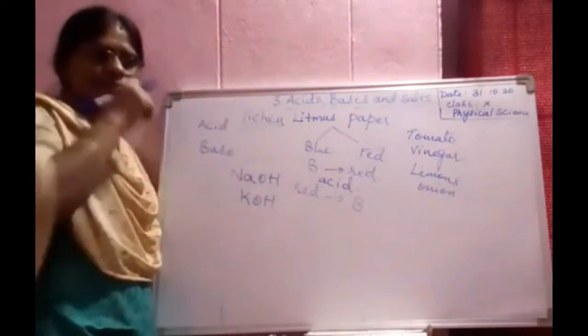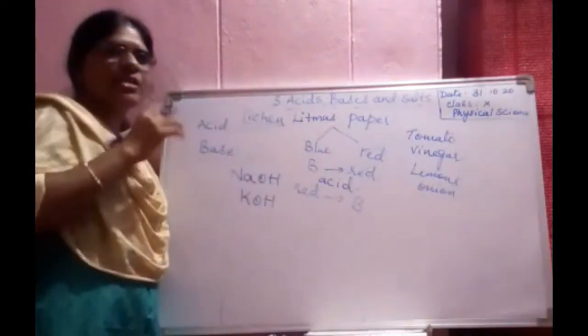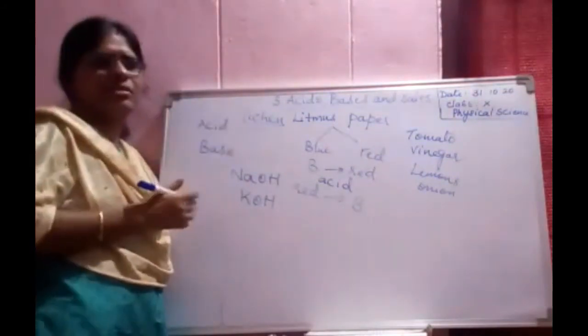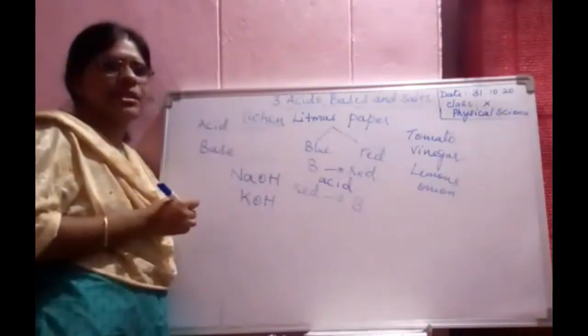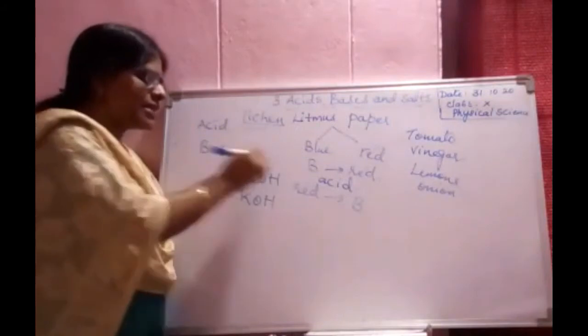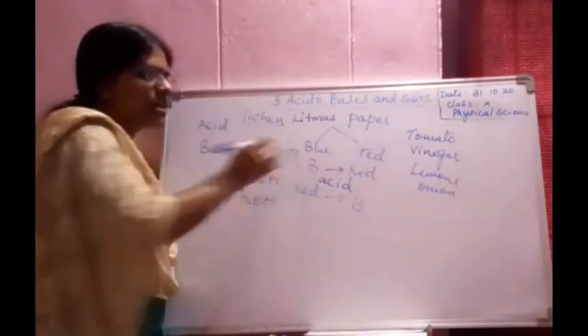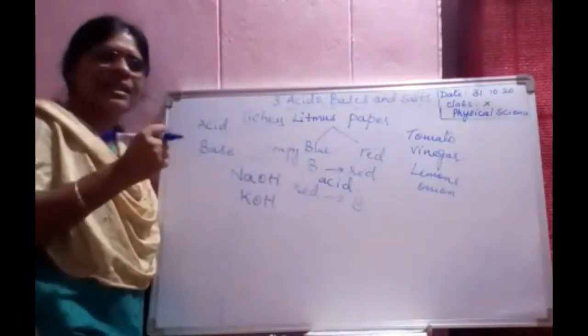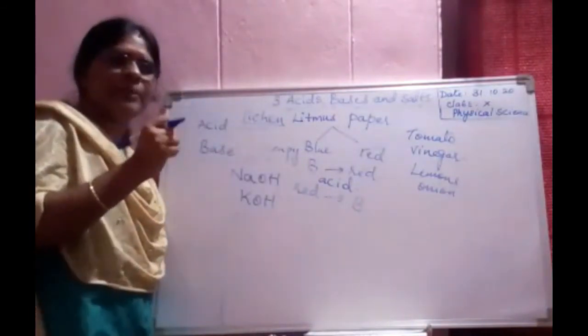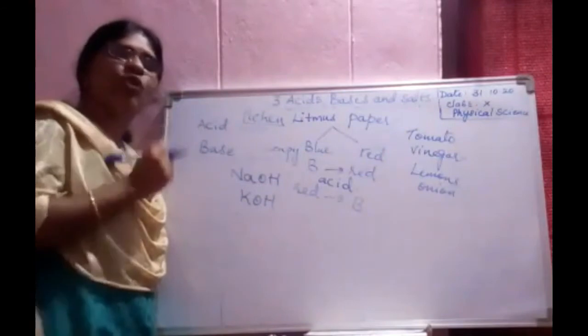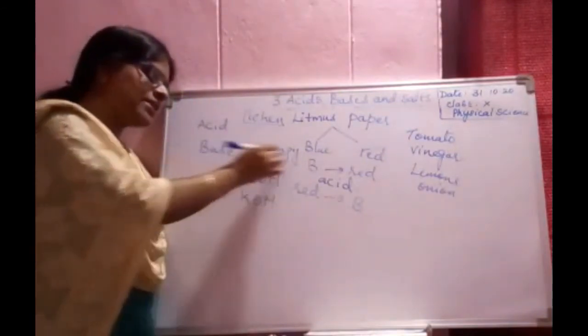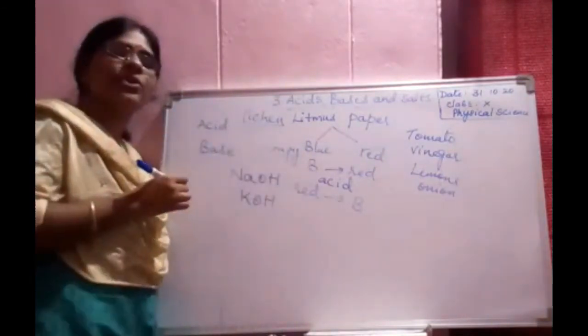Now, acids are sour in taste. Bases are always soapy. When you touch a base, like when you rub soap on your hands, you get a foam. All bases mostly are soapy to touch.